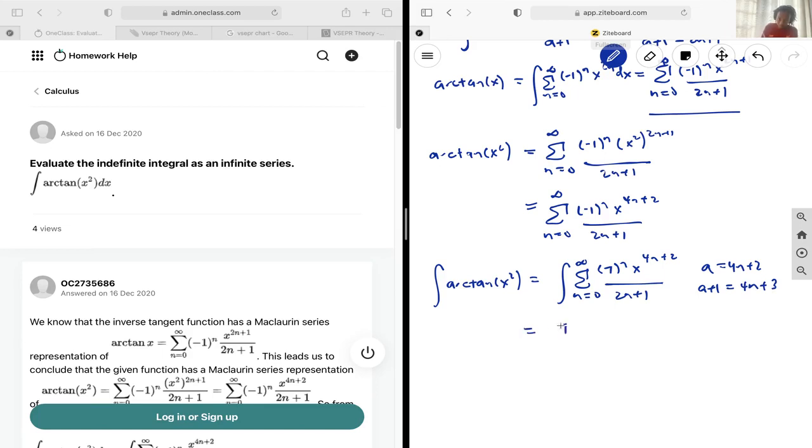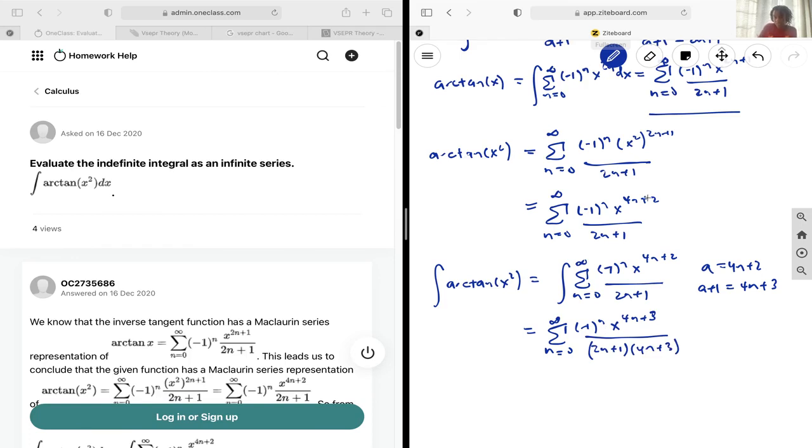Which means that this will become the infinite series negative 1 to the power of n, x to the power of 4n plus 3, all over that 2n plus 1 will still be there, multiplied by 4n plus 3.